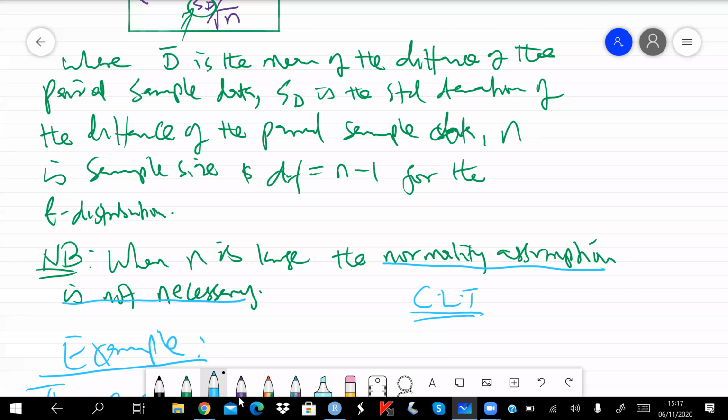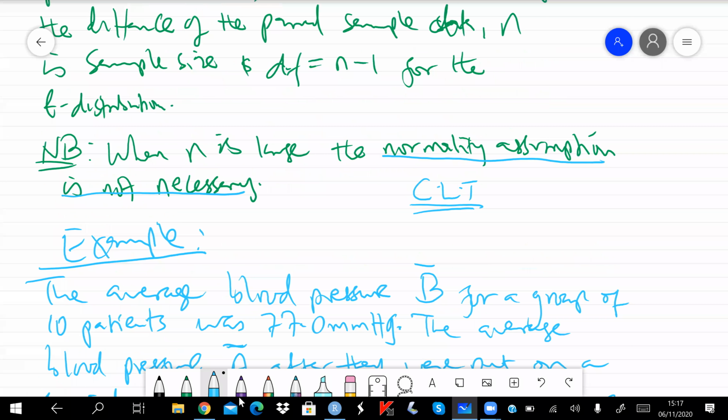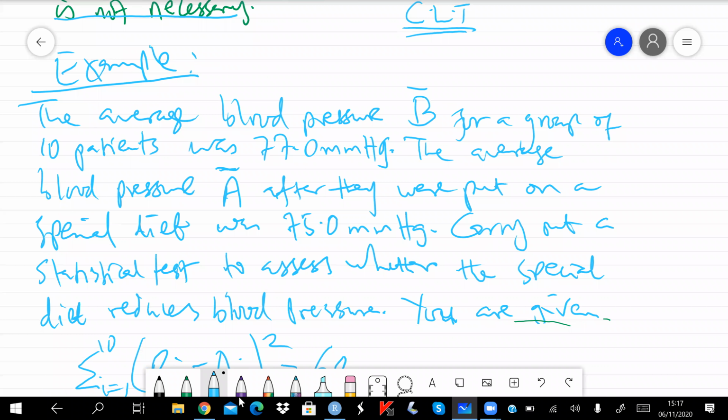Then we have an example here, where the average blood pressure, B bar, for a group of 10 patients was 77 units.